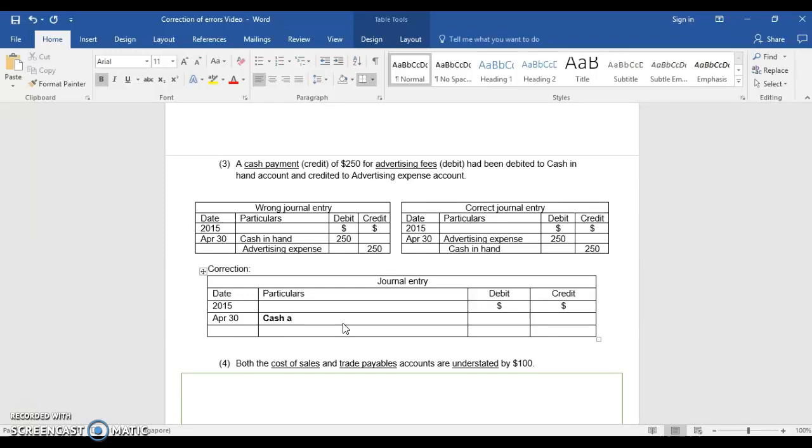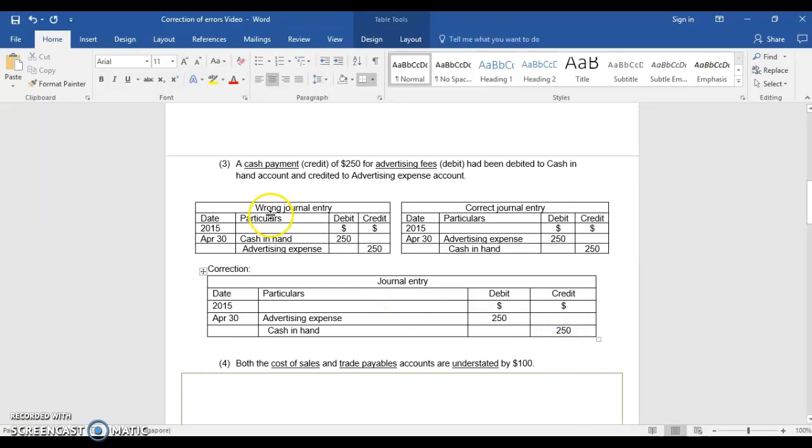So we're going to write advertising expense, and we're going to write cash in hand. Now you might be wondering, why am I leaving the amounts first? A lot of students will write the amounts as $250 and another $250 here. Now this is wrong because let's just focus on one account.